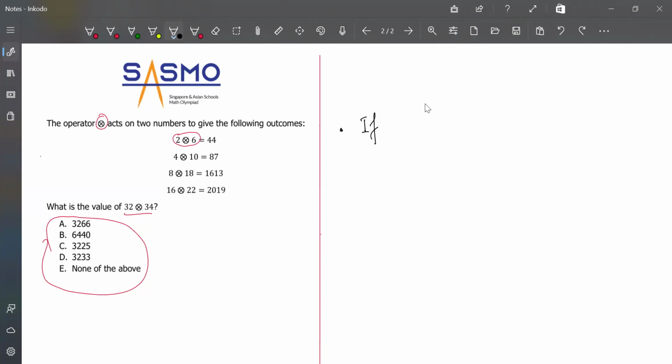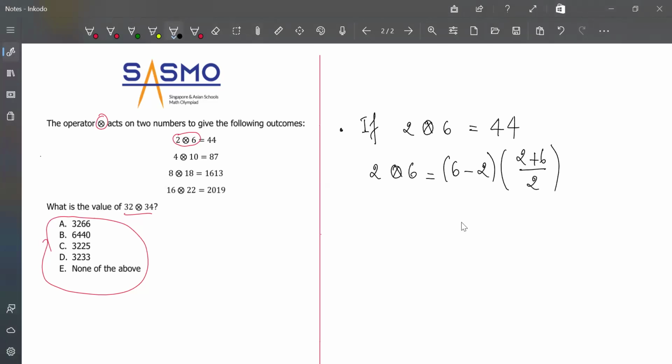If 2 tensor 6 equals 44, we can write it like that: 2 tensor 6 equals 6 minus 2 and 2 plus 6 over 2.